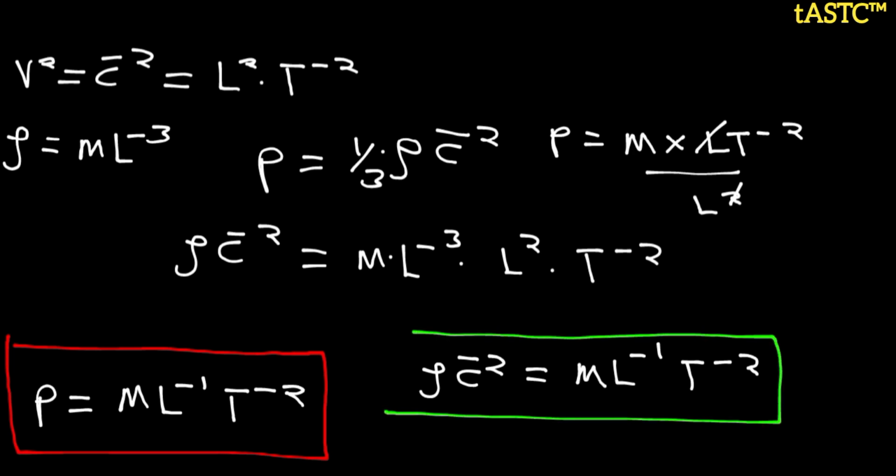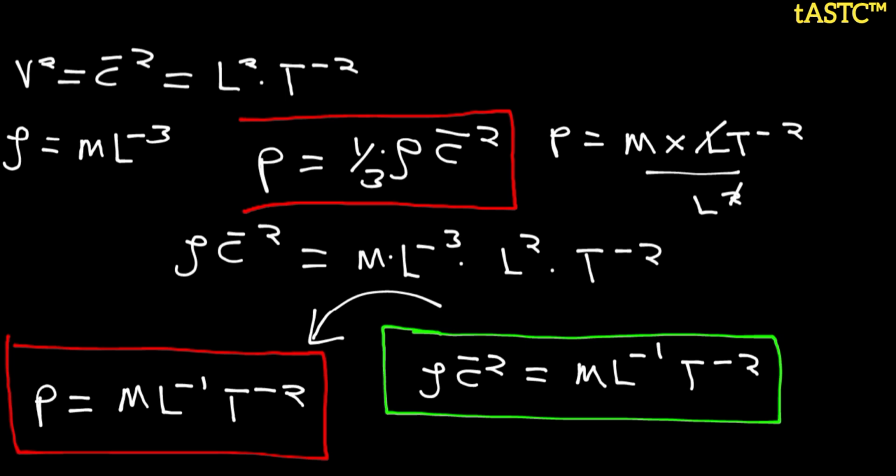This is what we have for the second one. As you can see, this is completely the same as the other one. So we are correct. This equation is dimensionally correct, and how to derive it, we have also shown.